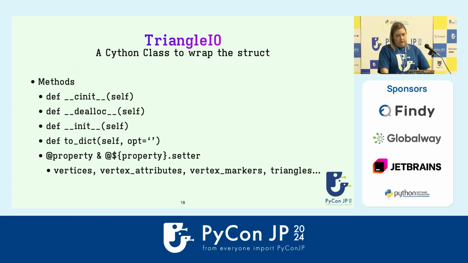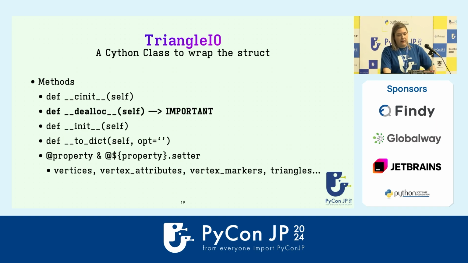One of the classes I needed to create was the TriangleIO class. That's a Cython class that wraps the struct directly. There were key methods that I needed to fill in. You'll recognize some of these as methods or types of methods from Python. You've got your standard init, and then you have class methods and setters.